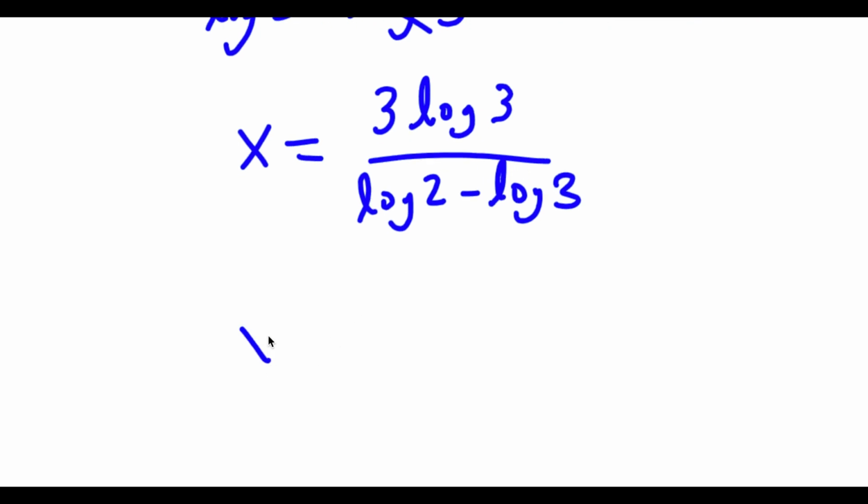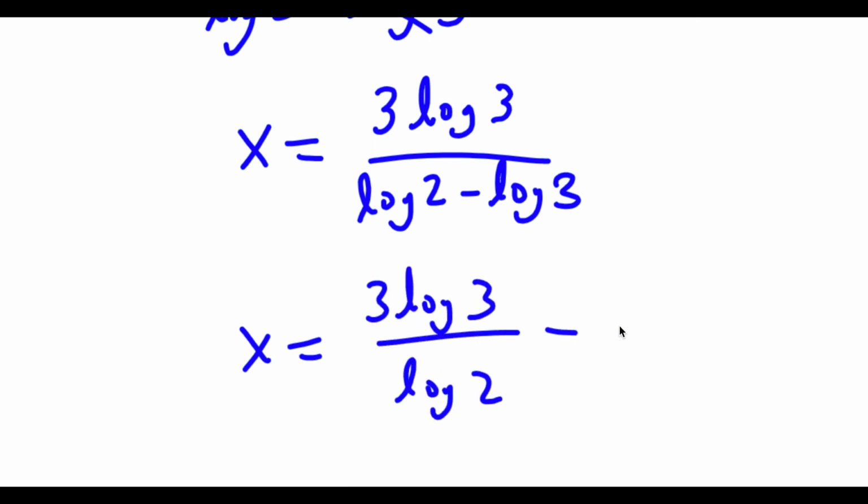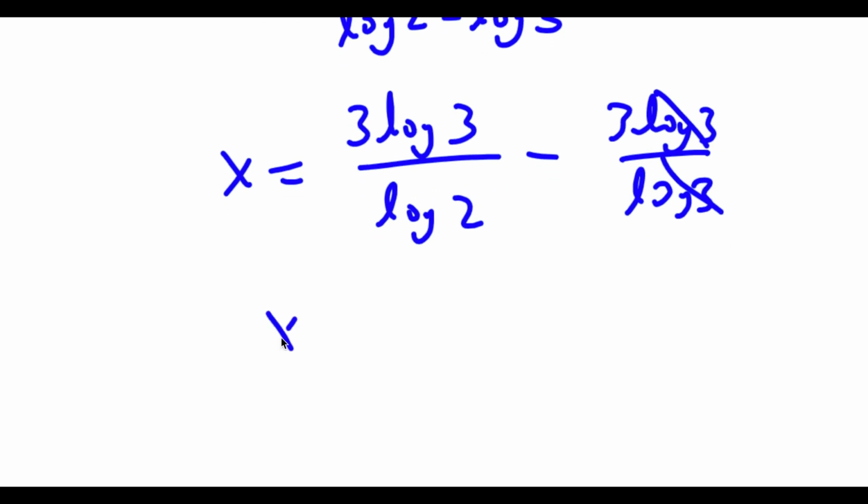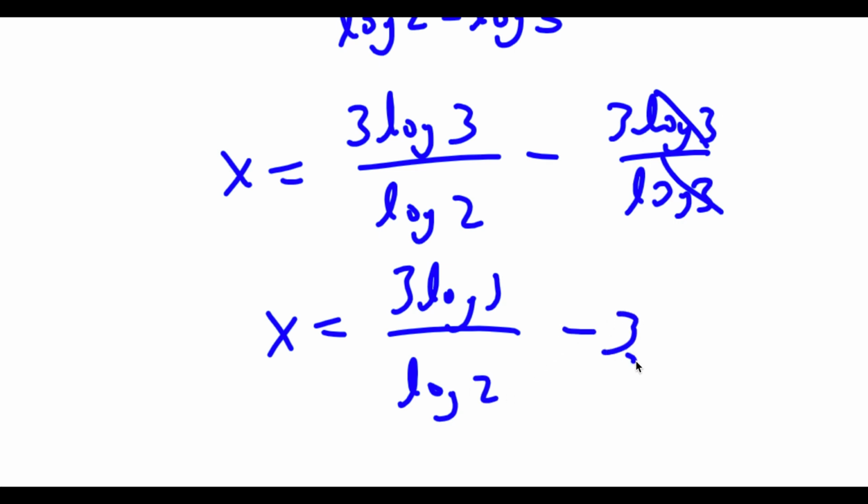Now I can rewrite this as 3 log 3 over log 2 minus 3 log 3 over log 3. So then these two cancel out, and I get 3 log 3 over log 2 minus 3.